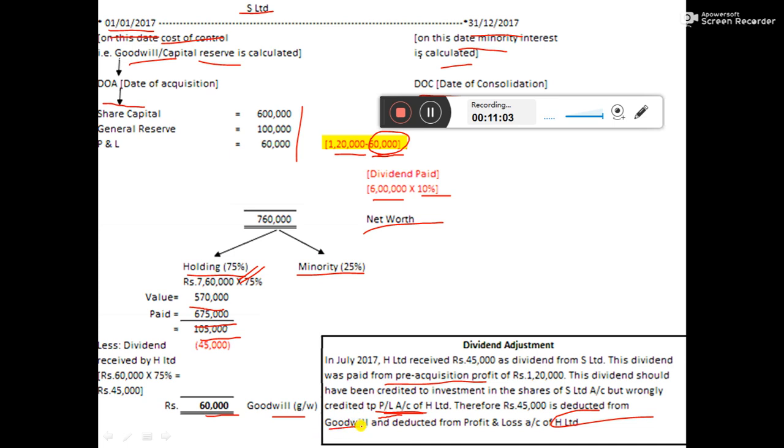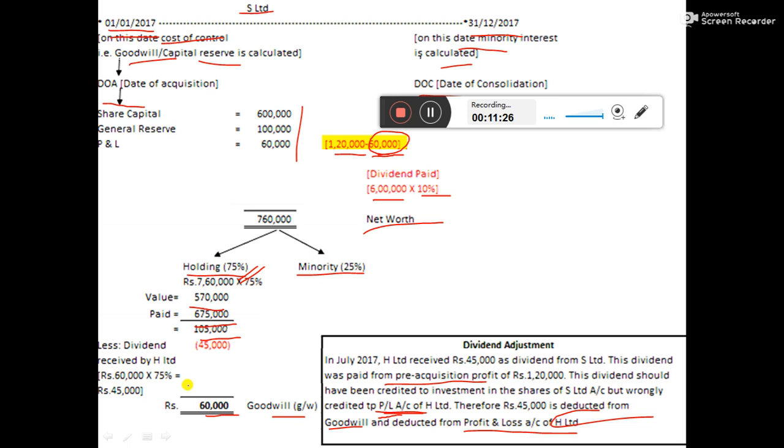Okay, this adjustment is the only one adjustment, and the same 45,000 will be deducted from profit and loss account of H Limited. Please remember, students, that we are deducting this only because it is wrongly credited as per the additional information given. If no additional information is given, then we will not deduct this.